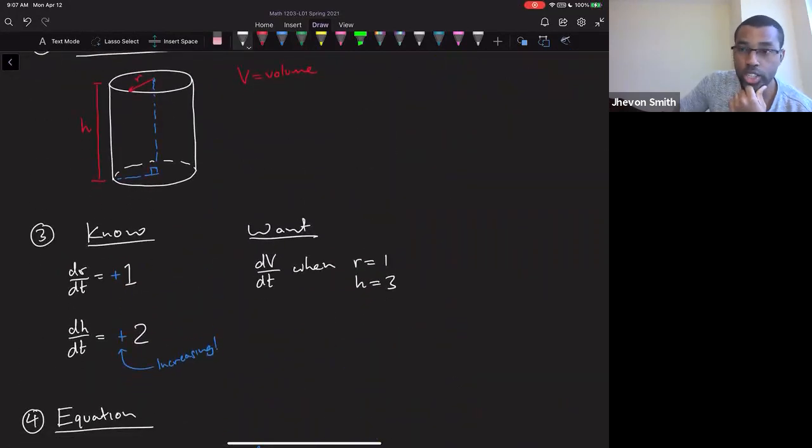We know that dr dt is 1 and dh dt is 2. We also know that I care about the instant where r equals 1 and h equals 3. So I want r equals 1, dr dt equals 1, h equals 3, dh dt equals 2.